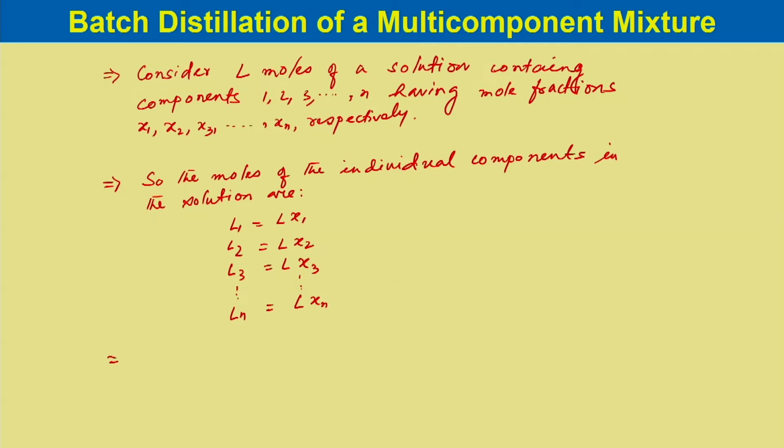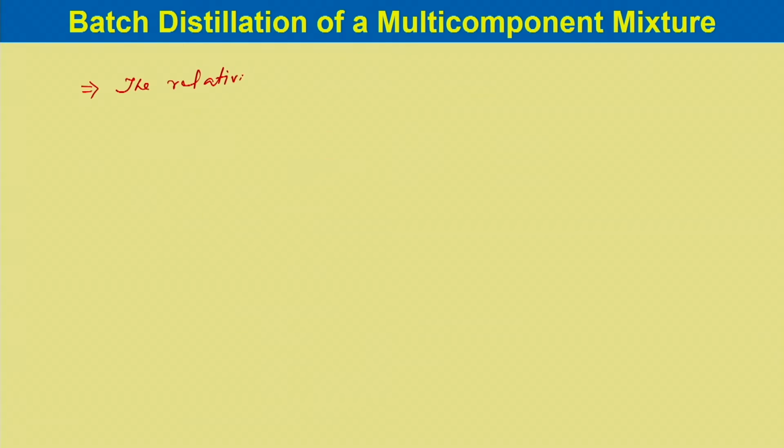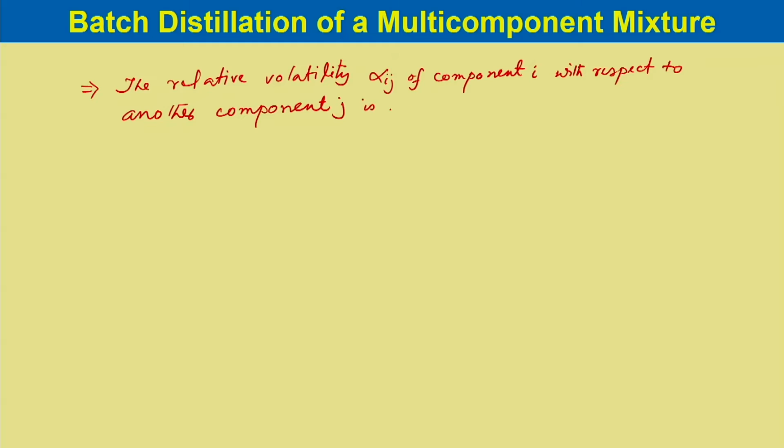Now, assume the solution is ideal. Now, the relative volatility alpha ij, that is relative volatility of component i with respect to another component j, is taken as constant.